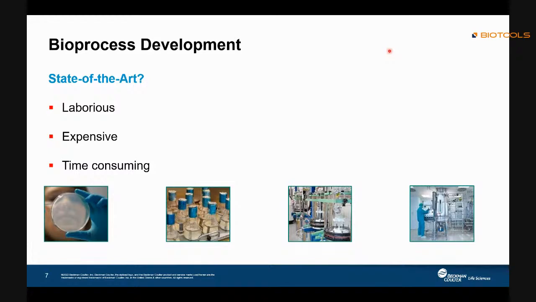But the problem is it is quite laborious. You need a lot of people for monitoring, and cell culture or microbiome culture requires a lot of reagents and consumables, and most likely it needs a few days for a life cycle. So we need to speed up.